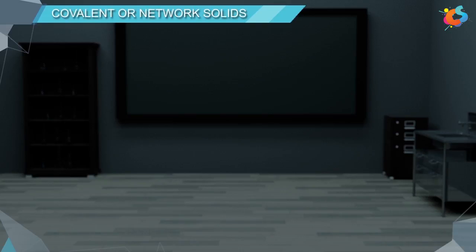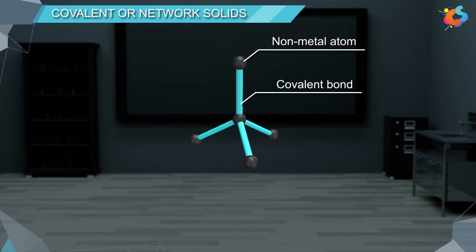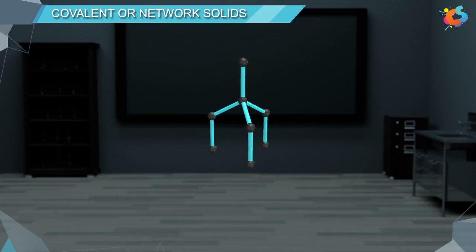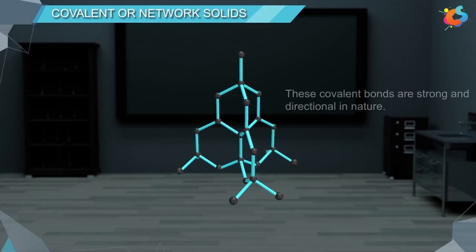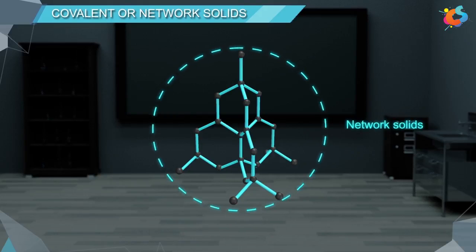Now, let us discuss about covalent solids. These are crystalline solids in which the constituent particles are non-metal atoms linked to adjacent atoms by covalent bonds throughout the crystal structure. As a result, a network of covalent bonds is formed. Due to large network of covalent bonds, these solids are also known as network solids.